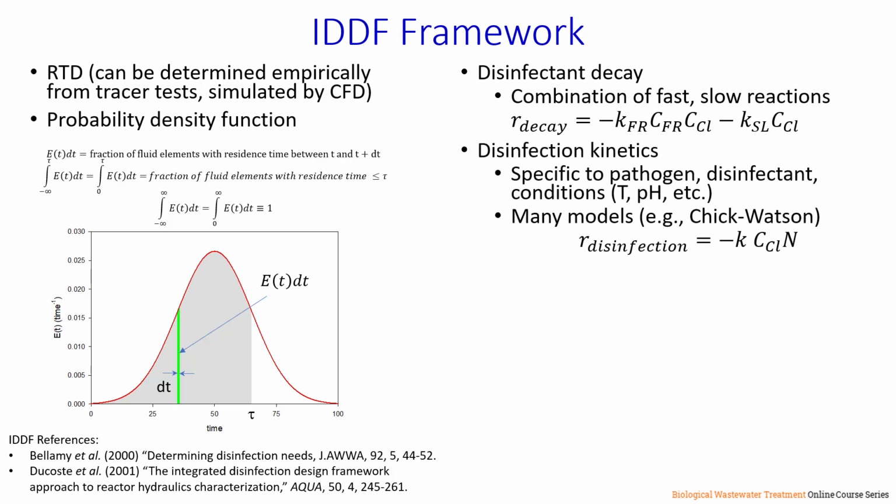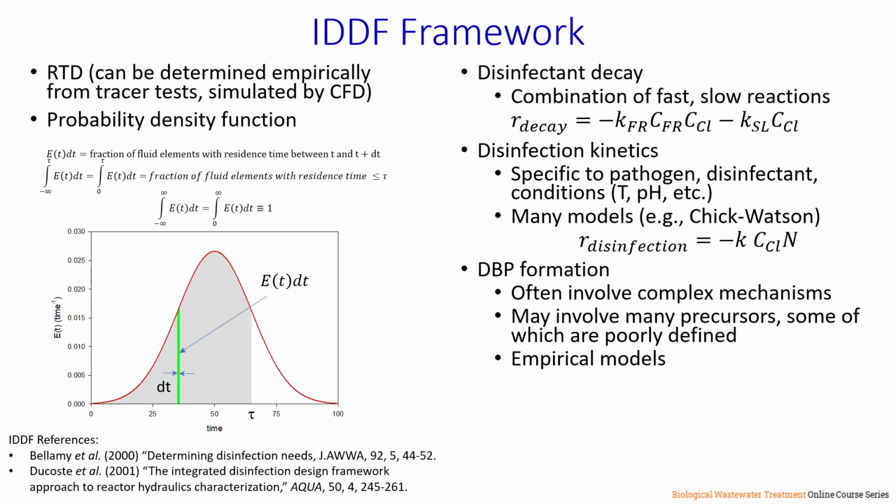Those kinetic expressions will be specific to the pathogen, disinfectant, and the conditions in the system. In the context of chemical disinfection, let's say with chlorine, that can be influenced by attributes such as temperature or pH. There's a number of models that are available, some of which I've talked about in previous lectures, the simplest of which is the Chick-Watson model, which is illustrated here.